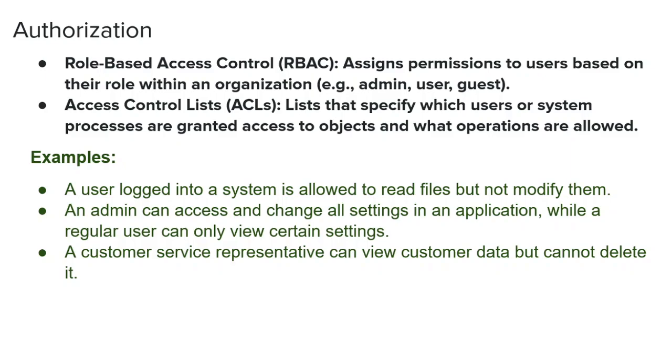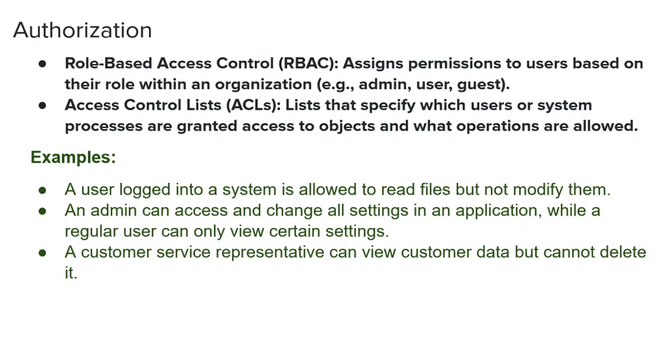Another example is a user logged into a system who is allowed to read the files but not modify them. So if there is a specific user role which is allowed to log into the system, that role can only read the files but not modify them.